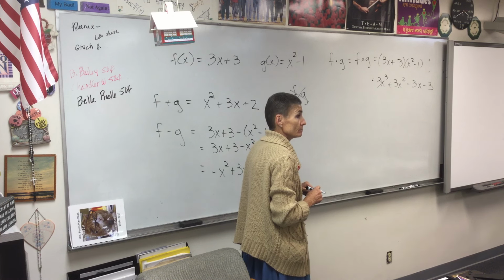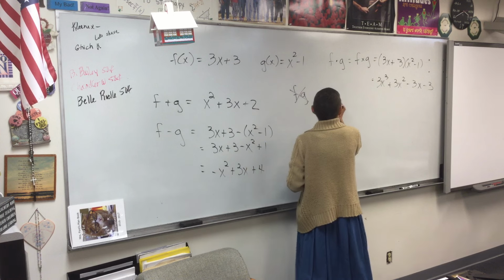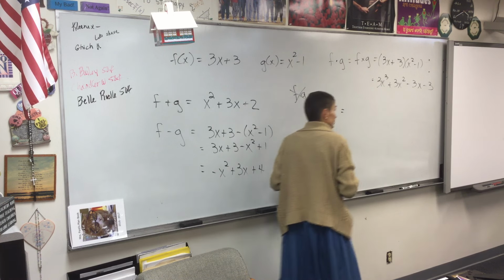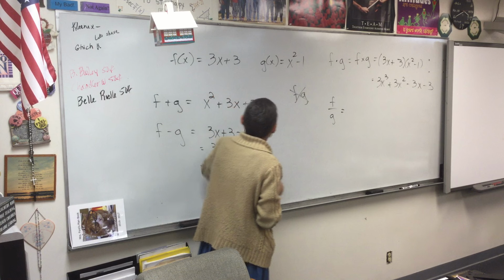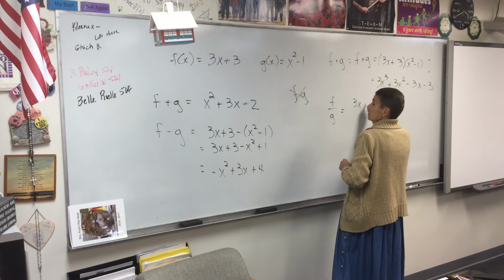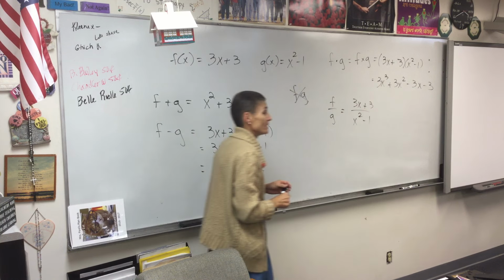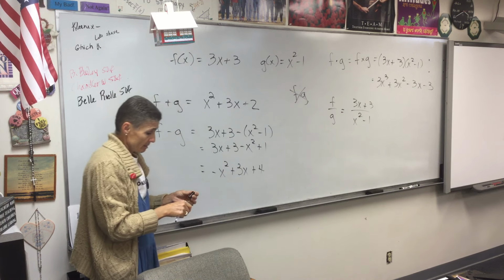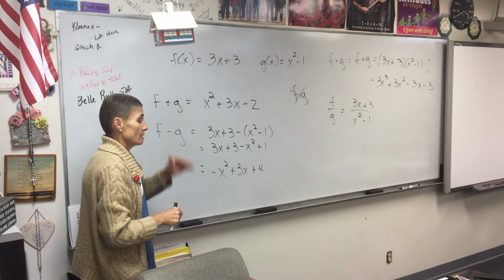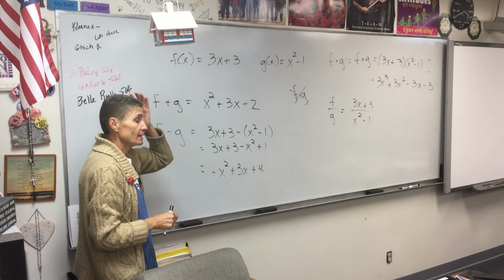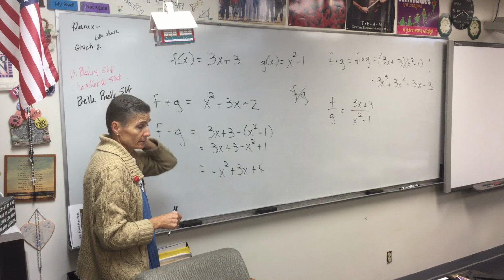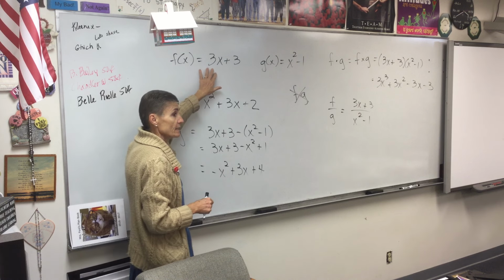Is that okay? And then we have, of course, division, which would be 3x plus 3 over x squared minus 1. Now, we have to spend a minute talking about this because in mathematics, domain is everything. Domain is huge. What's the domain of this linear function?